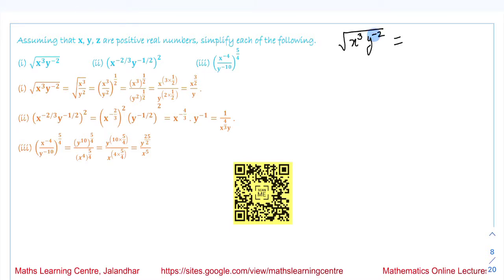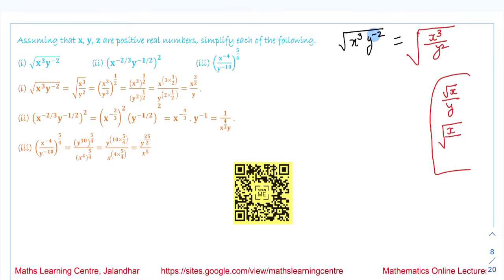To remove the negative sign, we say it is the square root of x cube over y square. Basically, this square root is the square root of the whole of this term. This thing you have to keep in mind: the square root of x over y and the square root of x, then over y, are two different terms.